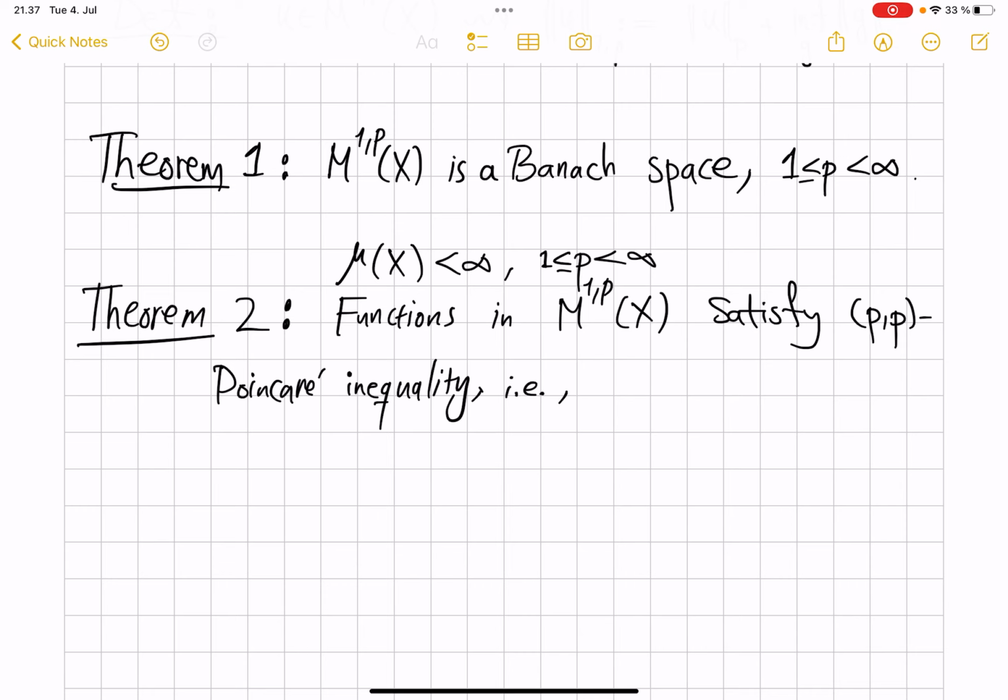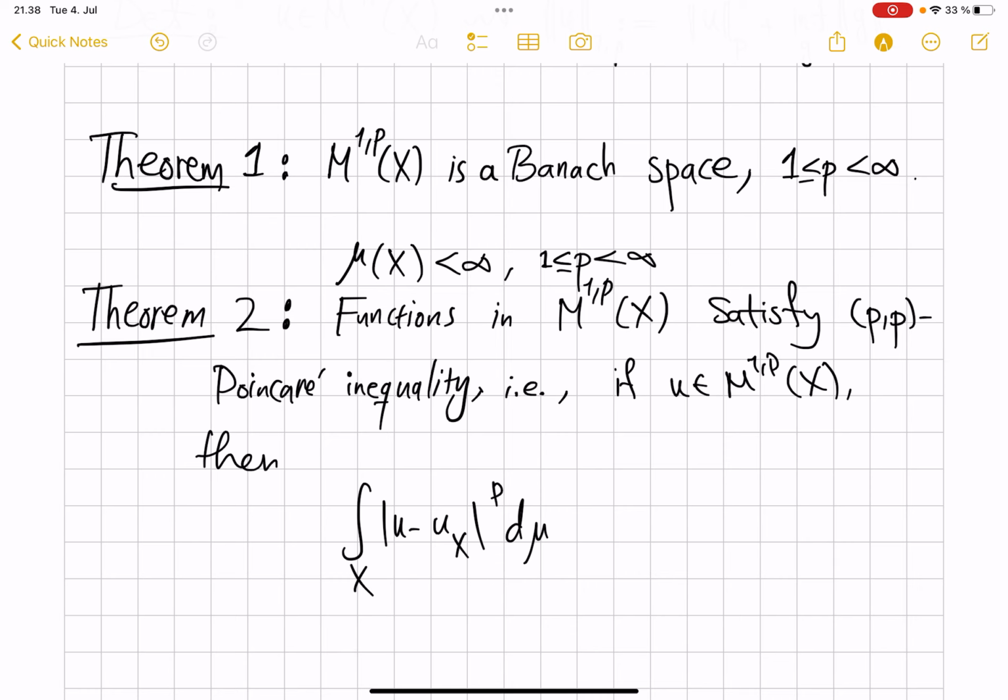So if u is in M^{1,p}(X), then the integral of |u minus the average of u over X|^p dmu is bounded by 2^p, so we even know the constant here, times the diameter of X to the power p, times the integral of g^p over X dmu.